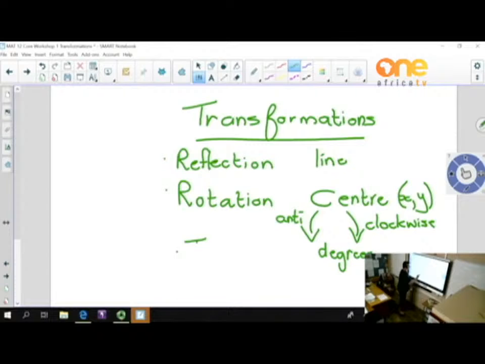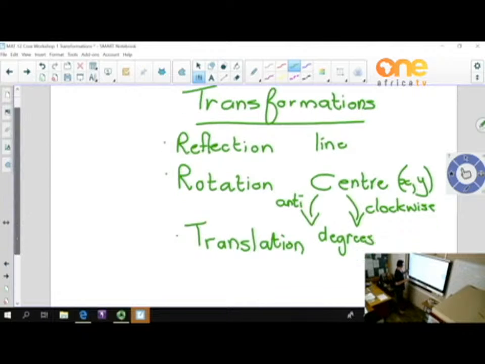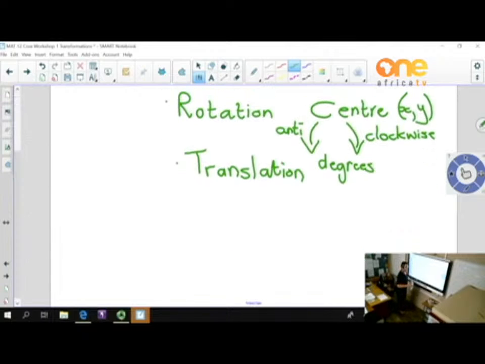The next one is a translation. A translation is like when you play chess. You slide it in a certain direction. We do a translation with a column vector, and it is x over y.